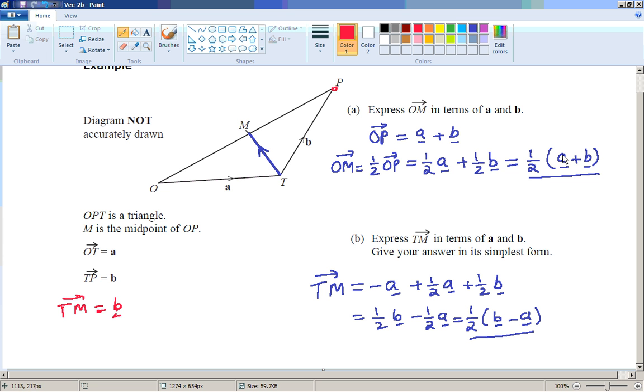So whatever we had here is going to be the negative of this. So that would be minus half A, then minus half B. When you simplify this, you get the same answer. Half in bracket vector B minus vector A.